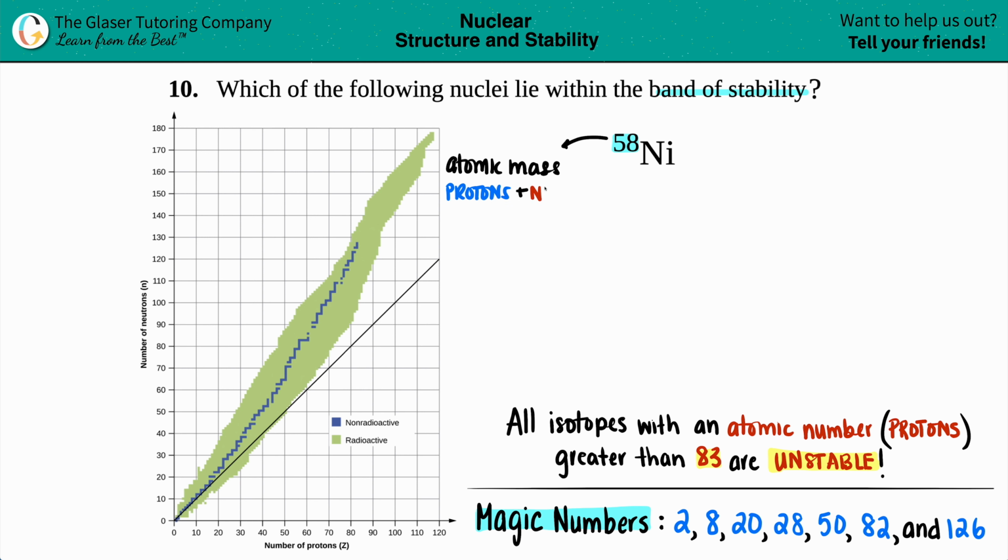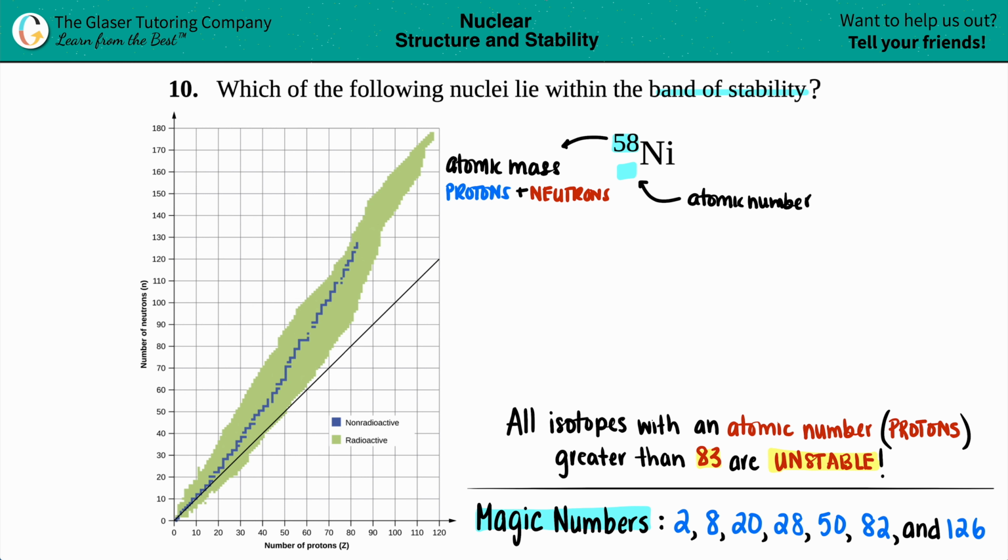But we still need to get a little bit deeper because out of this 58, we need to know the total number of protons and neutrons, not just the collective sum. But generally, if you are given this type of notation, there should always be a number on the bottom as well. And the bottom number is always the atomic number.